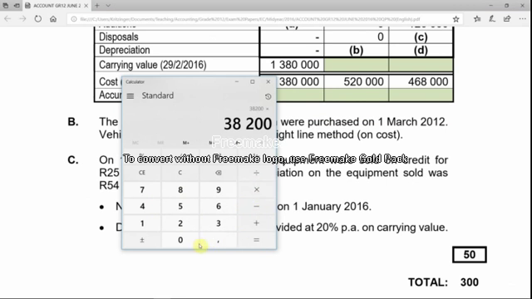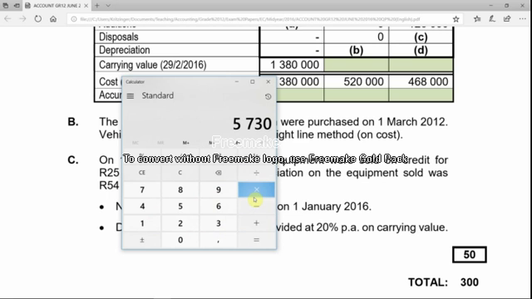On that we calculate 20% and we multiply by 9, divide by 12, which gives 5,750.